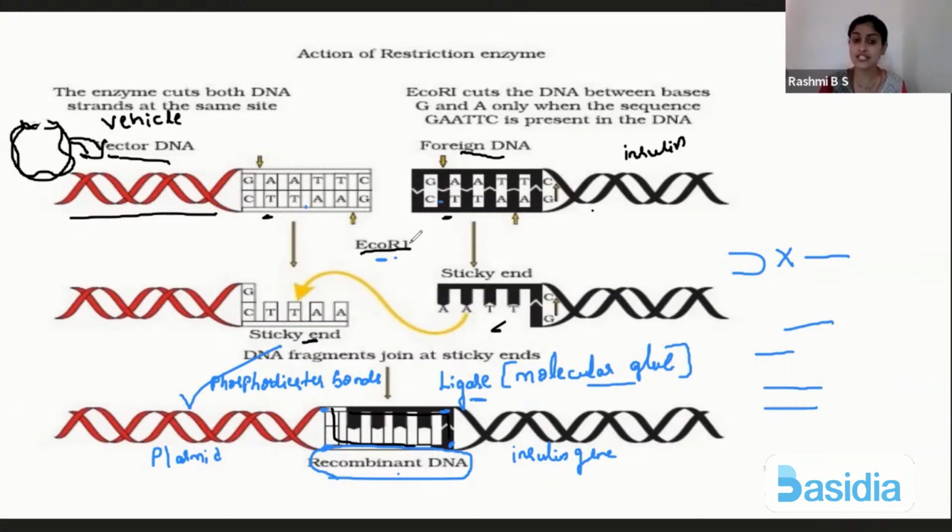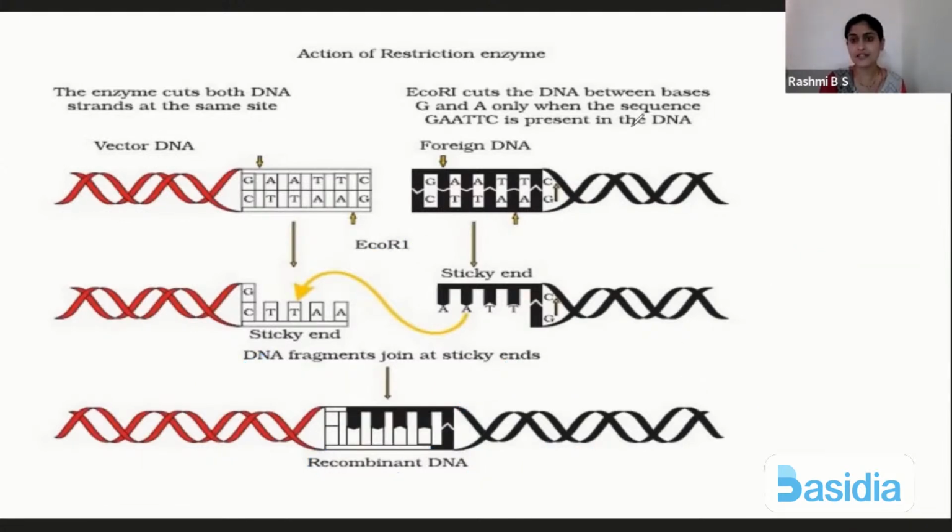While these restriction enzymes are called molecular scissors, ligase is called molecular glue because it fixes two fragments. Okay, so with this, let's see what you get in the next slide, what we are going to discuss in the next slide.